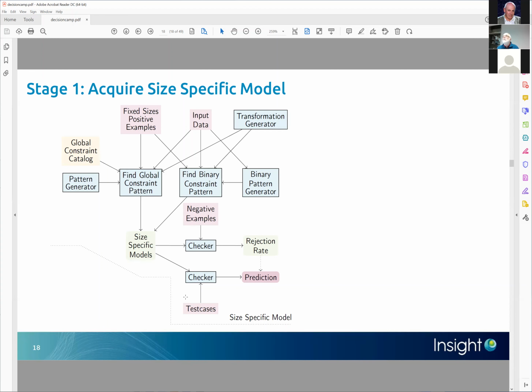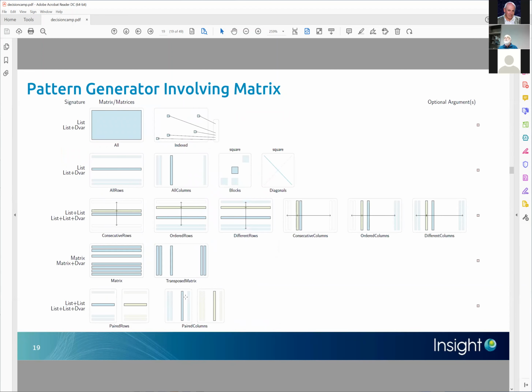So if we do this on the matrix that we are given, we have here different patterns that we apply. A first pattern would say, take all the values that are in the matrix and see whether there's a constraint that applies to all these values, or to something indexed by an index set, or something where for every row we have a constraint.